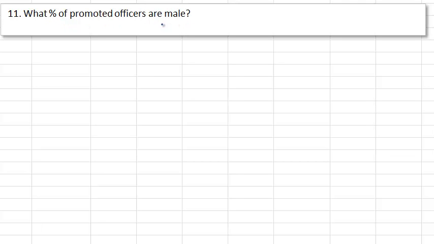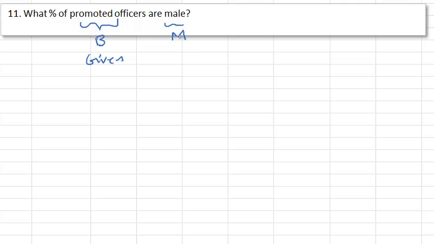Are we given something? Yes, promoted. So out of the promoted officers, this is the given condition. Out of this, what percentage are male? So this part is the unknown.